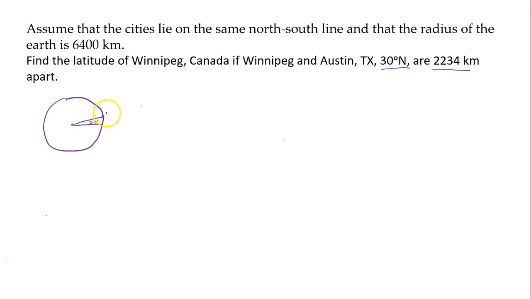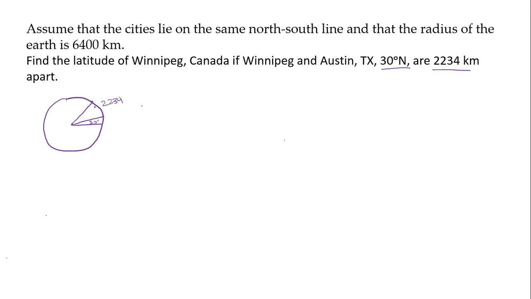It is at that point right there. And then we are given that Austin, Texas and Winnipeg, Canada are so many kilometers apart, which we are given is 2,234 kilometers.